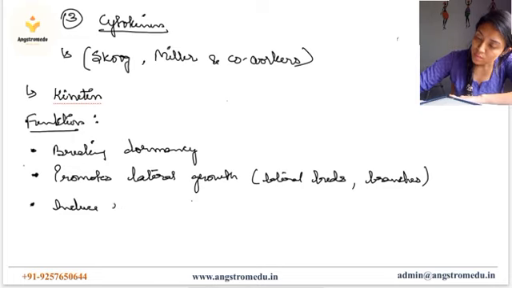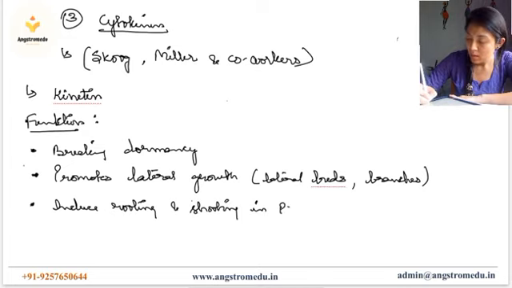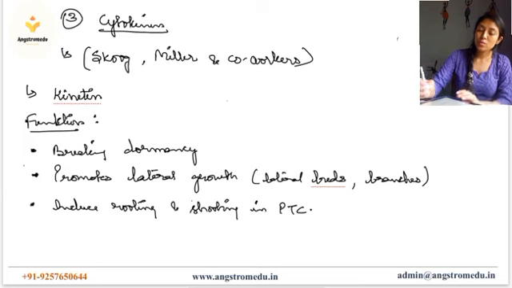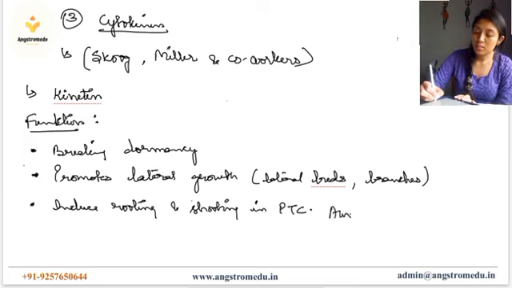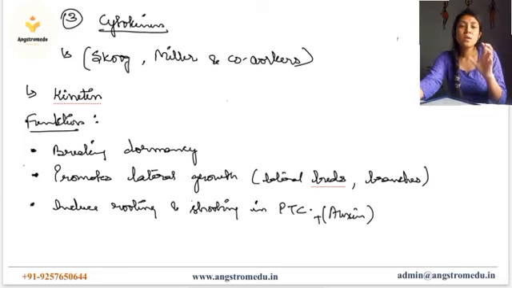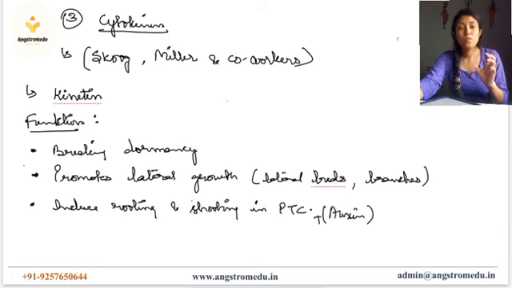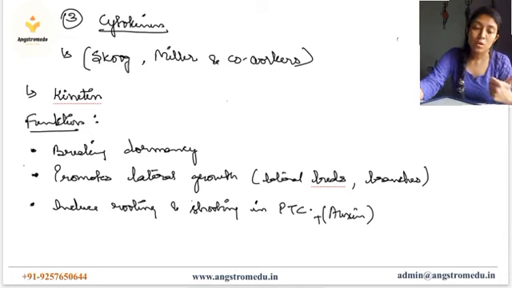Induce rooting and shooting in plant tissue culture. In plant tissue culture, depending upon the ratio in combination with auxin. Okay, cytokinins plus auxins ratio vary, and these varied ratios are responsible for formation of root and shoot.